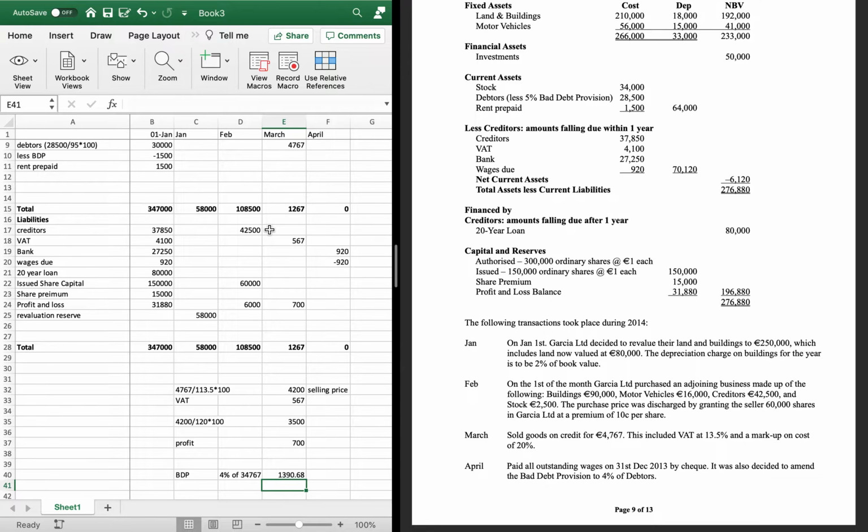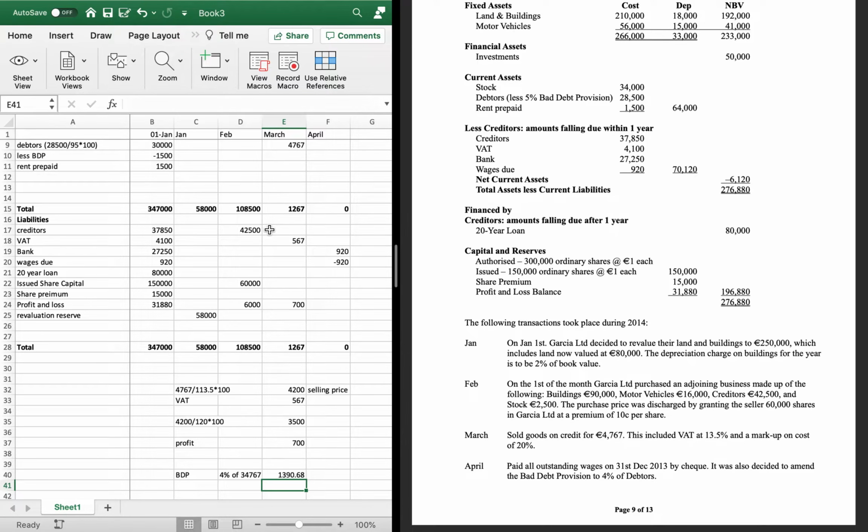Now, there's absolutely no way I'm working off 1390.68. So we'll just work off 1390, I think, and we leave out the 0.68. Again, you won't have that in a leaving cert question.